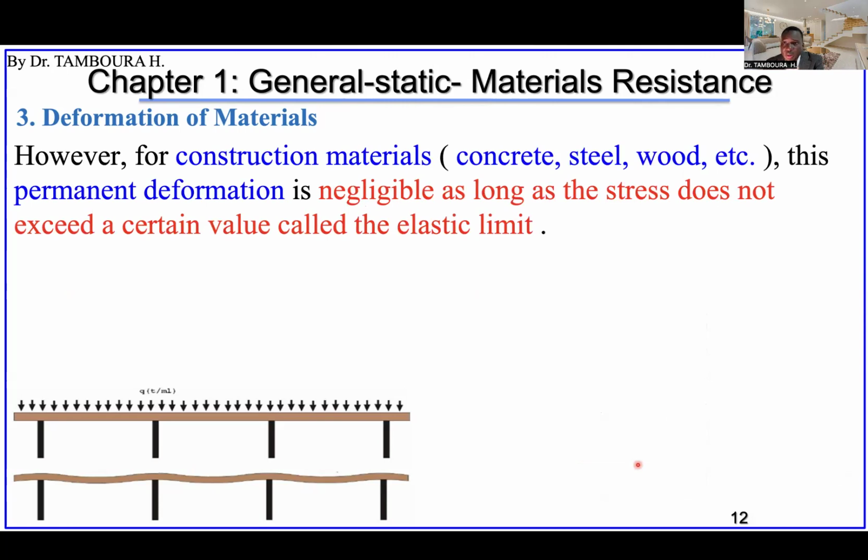Okay. So what is it now about the construction material? Because our objective is the materials we are using in construction: concrete, steel, wood. Okay, these are the main materials being used in every daily construction.